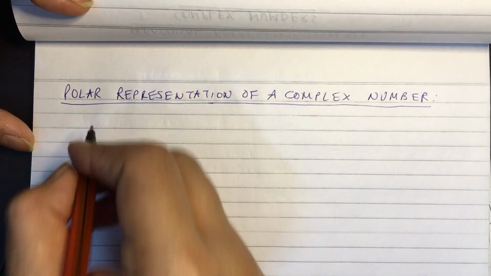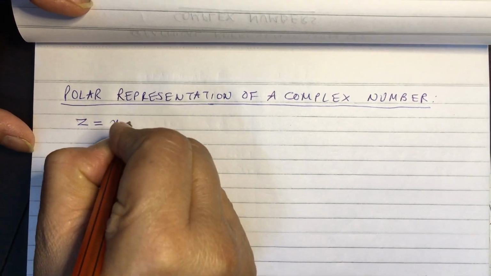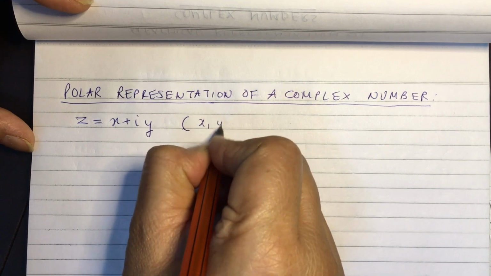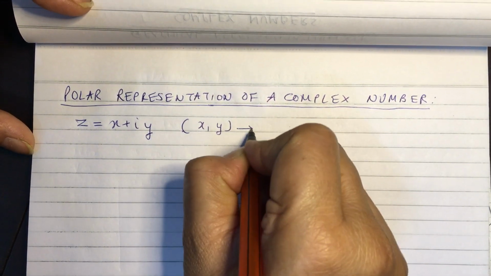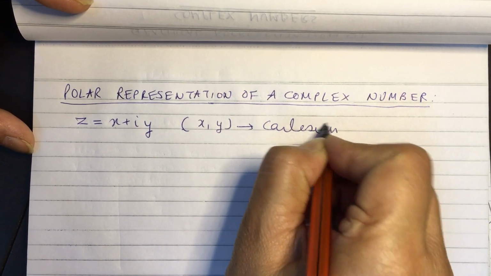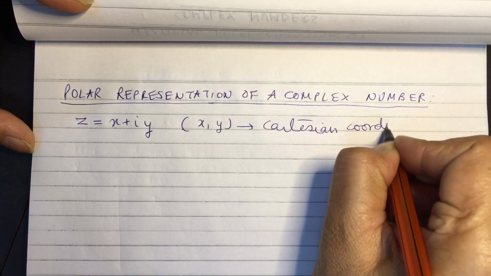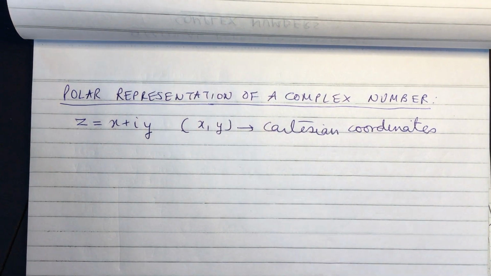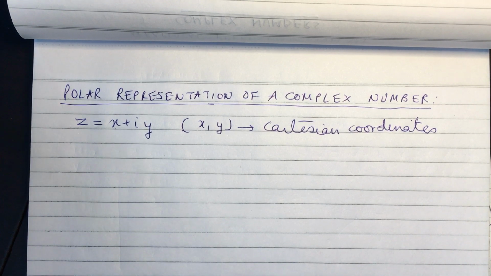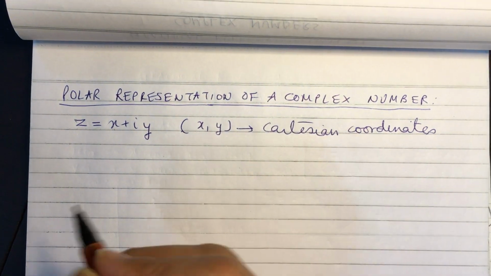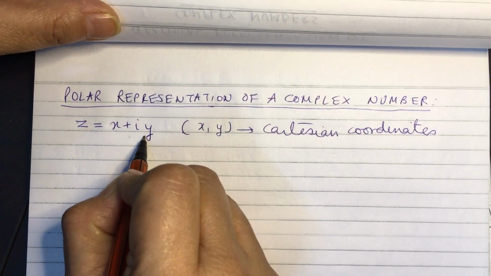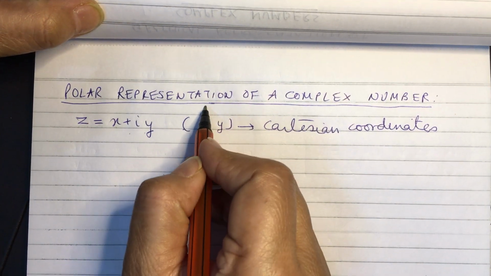All this while we have studied the complex number in the form x plus iy. So, we can associate a pair x comma y with this, and these are called the Cartesian coordinates. In the same way we have polar coordinates, which are called r comma theta. So, the representation of z in terms of r and theta is called the polar representation.